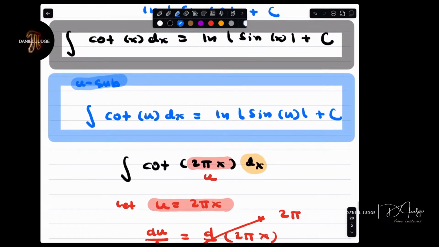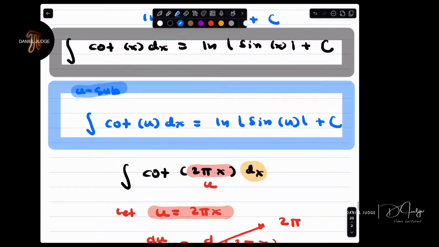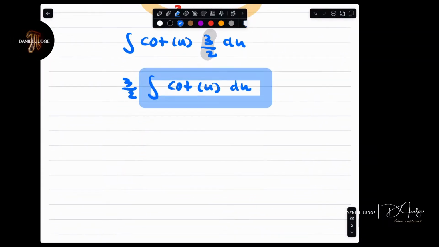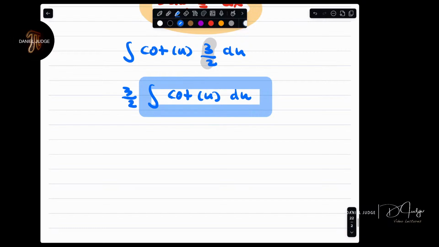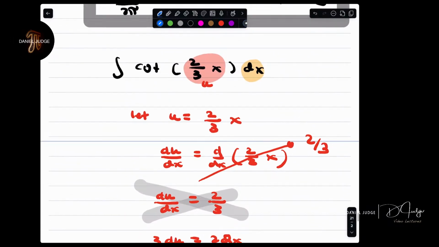We went through the derivation: natural log absolute value of sine of u plus C. So we end up with 3/2 natural log absolute value of sine of u plus C. Go back and recall that u was 2/3 x.